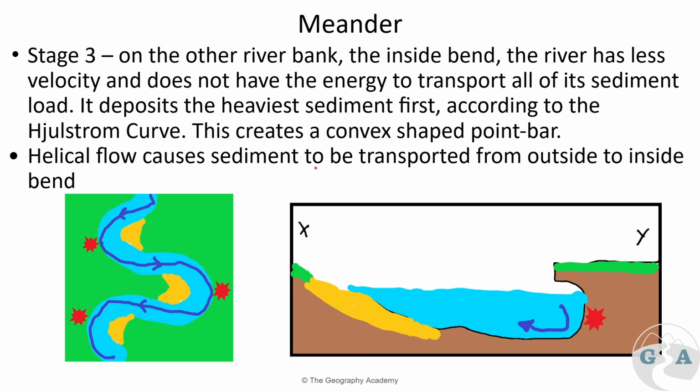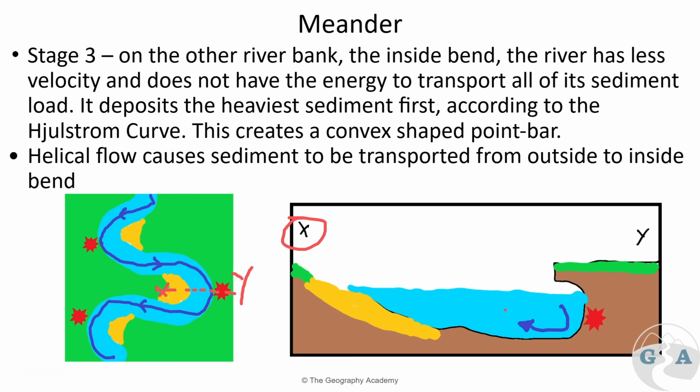In stage 3 then, we're talking about deposition. So we've got the velocity, the energy to transport all the sediment load has changed. We're talking about the outside bend here. So we're looking at a little cross section like this. We have X here, we have Y here, and we've just put in a little transect here.